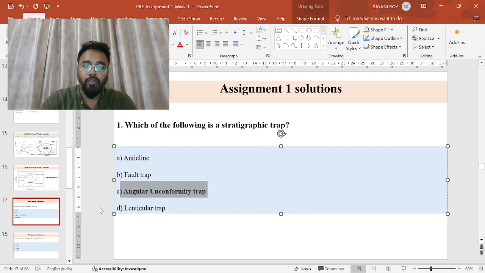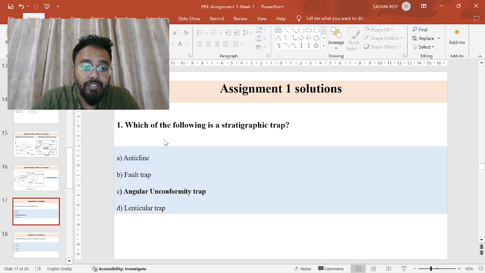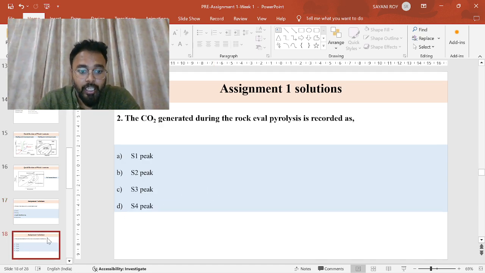Yeah, actually lenticular trap is a combination of stratigraphic trap and structural trap. So if we are talking only of stratigraphic trap, then it's angular unconformity trap. Okay, sir. Lenticular trap comes under structural and stratigraphic both. It is a combination trap.